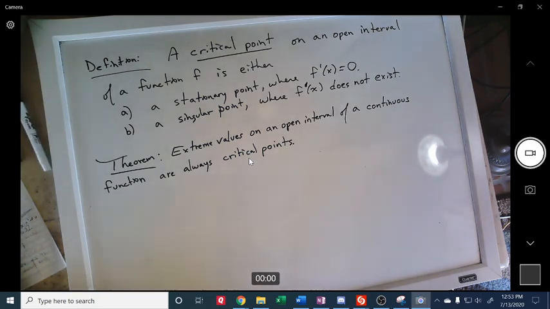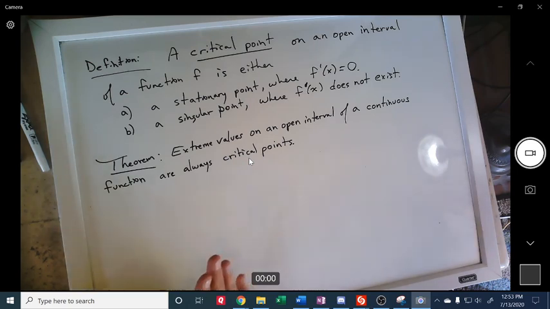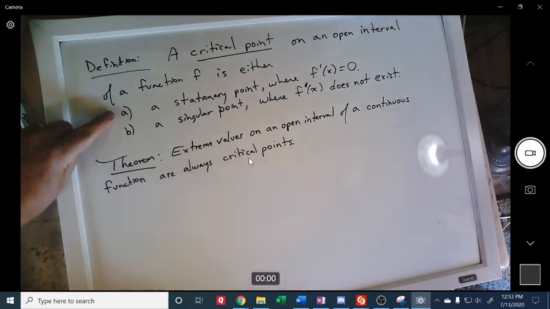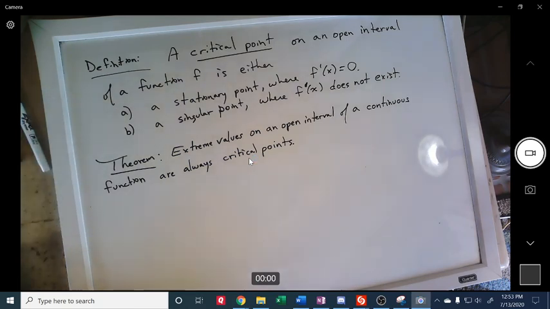So let's look this over carefully. To be an extreme value on an open interval of a continuous function, you're always a critical point. And a critical point is one of these two cases. You're either where the derivative is zero, and the reason why they call that a stationary point is, let's suppose it was a stock price.